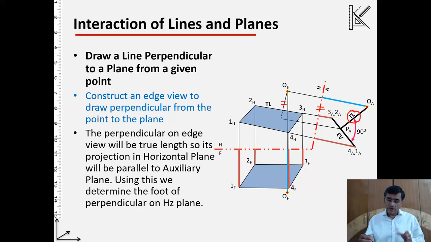So once I have done it, the point of intersection of the projector with this line, which is parallel to the auxiliary plane, will give me the foot of the perpendicular on the horizontal plane. Okay, so I have now got the foot of the perpendicular on the horizontal plane.